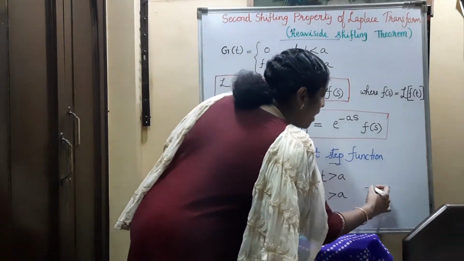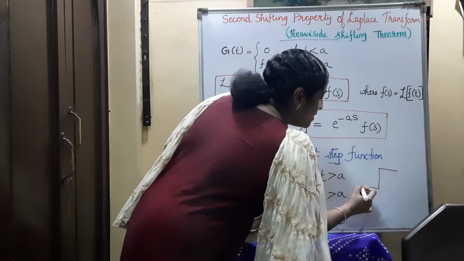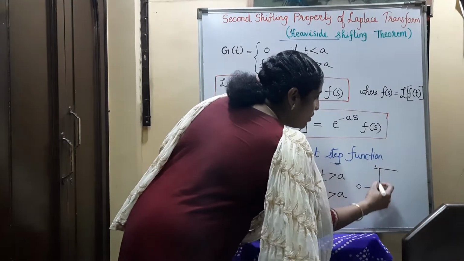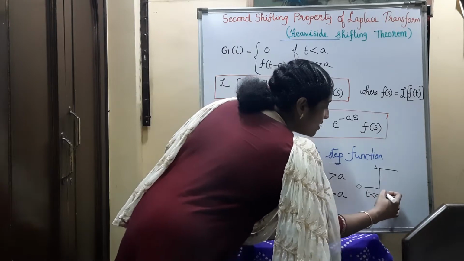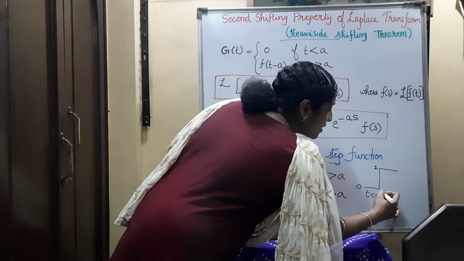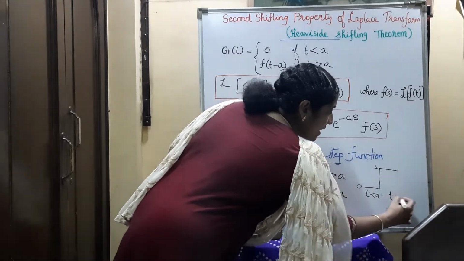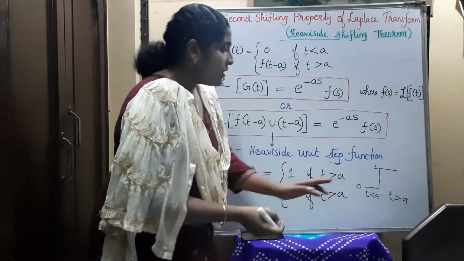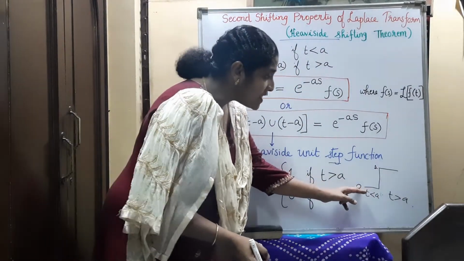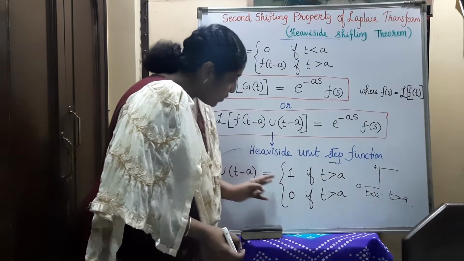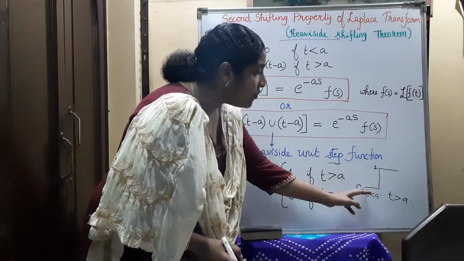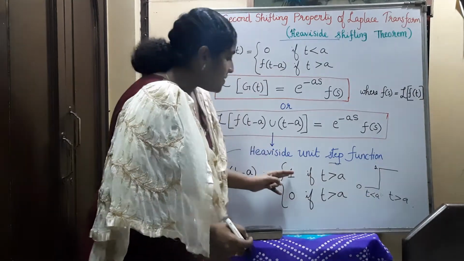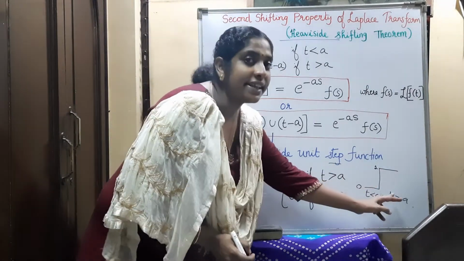Step means we have only two values, 0 and 1. This one is for t less than a, and this one is for t greater than a. So the two possible values are 0 and 1. This Heaviside function has 0 value when t is less than a, and it has 1 value if t is greater than a.